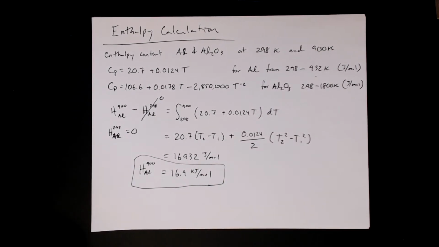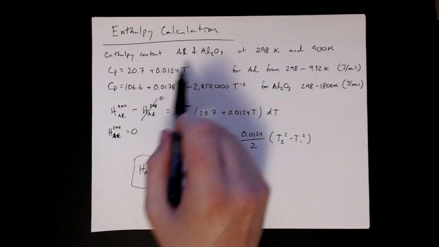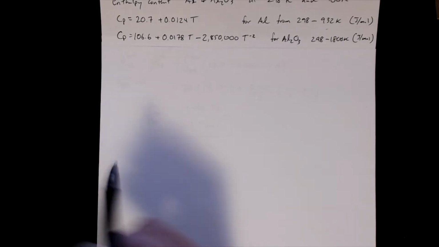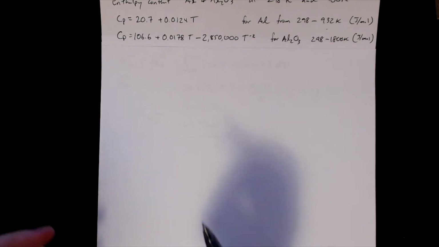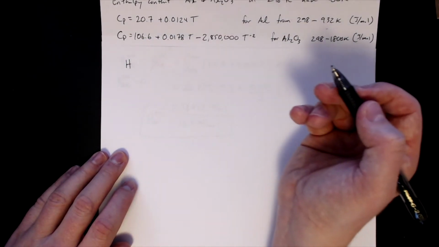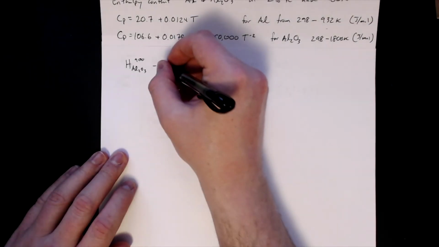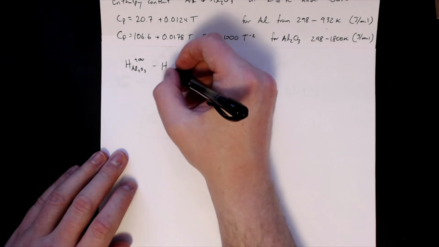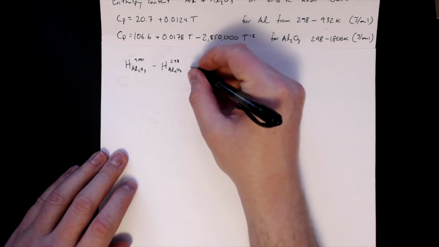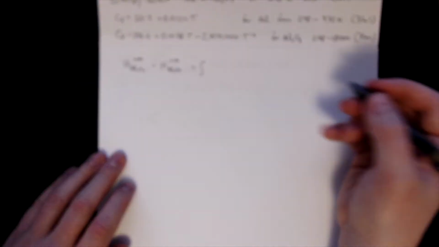So next, we'll go and look at the enthalpy content of Al2O3. All right, so now let's look at the enthalpy content of the ceramic Al2O3. I've left the heat capacity information so you can see it up here. Let's go ahead and rewrite that formula that we had before, just swapping in Al2O3. So the enthalpy content at 900 minus the enthalpy content at 298 is equal to the integral that we have.